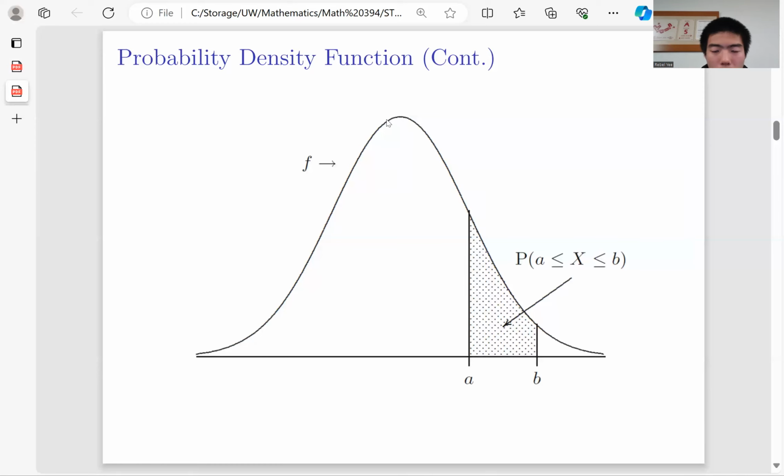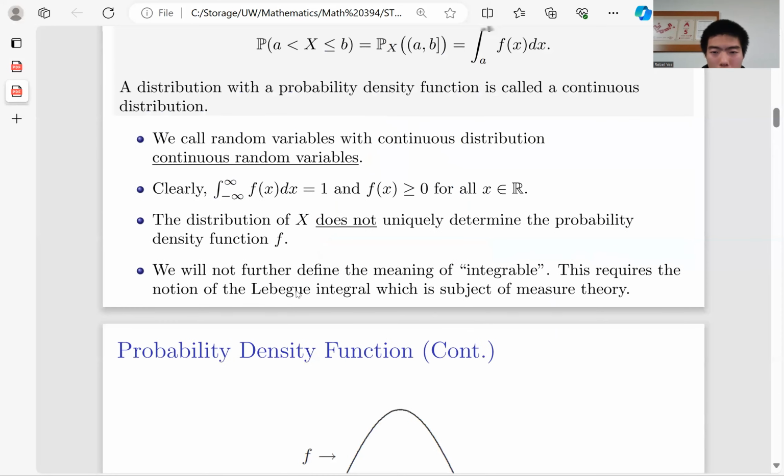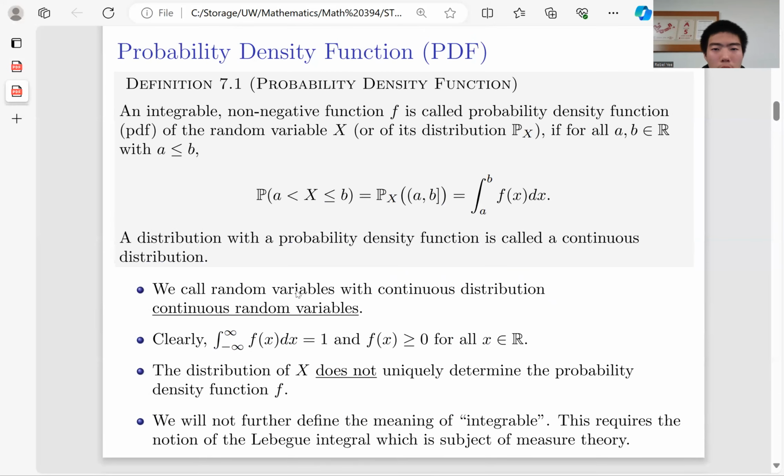If the density is very high here, the area will be big. So if A is here and B is here, this probability will be much higher than for this A and B. If we find the integral between A and B, which is the area below, we get a relative probability according to this density distribution. That is the idea of the probability density function.